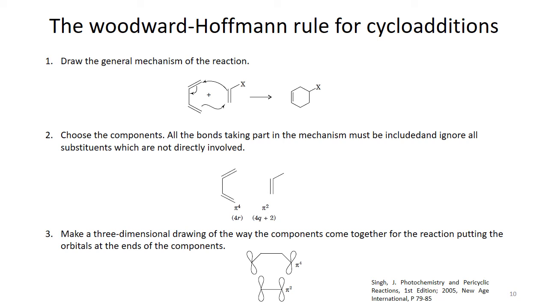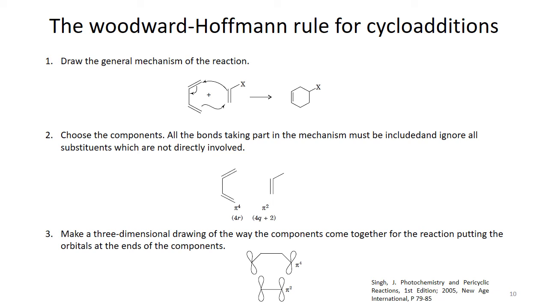Because it comes in the 4 pi electronic system, we write it as 4r here. In the case of the ethylene molecule, the two-electron component, we write it as pi 2, and also as a 4q plus 2 system.